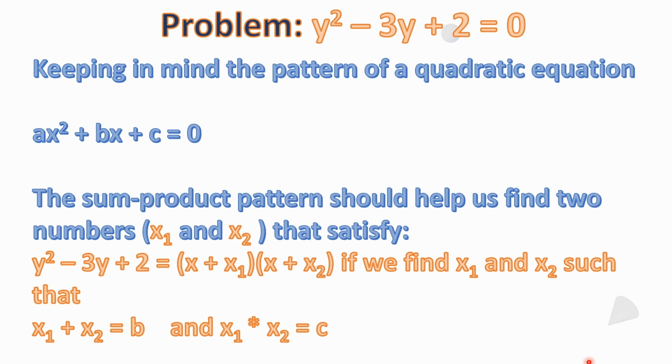But we need to find this x1 and x2 such that, and this is where the sum product pattern comes in, these numbers that we find have to satisfy this: x1 plus x2 equals b, and then x1 times x2 must equal c.